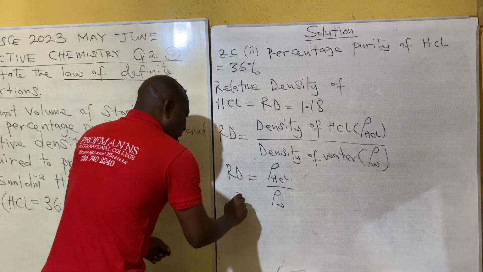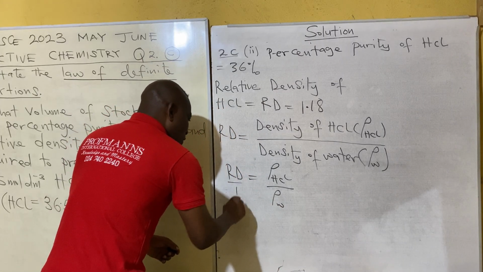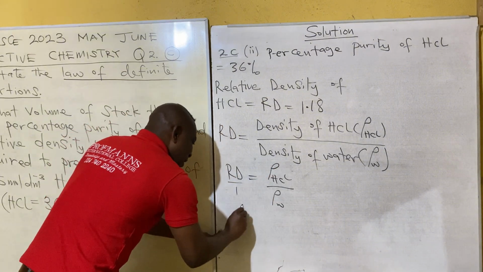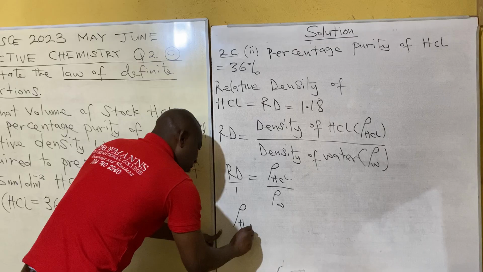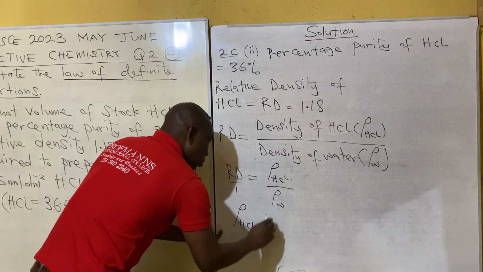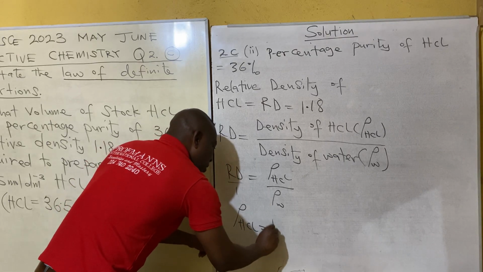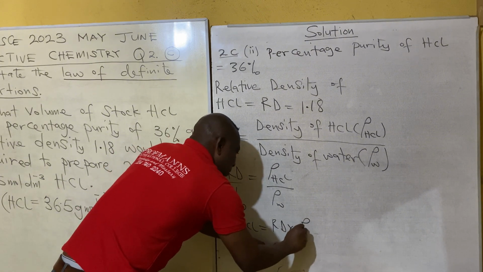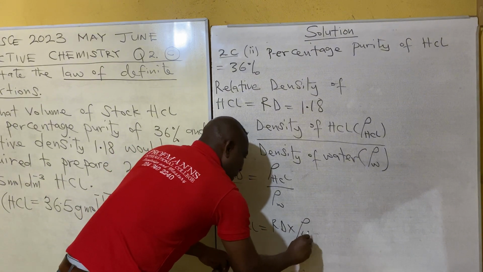Now, everything is over 1, so we do cross multiplication. Density of HCl is equal to relative density times density of water.